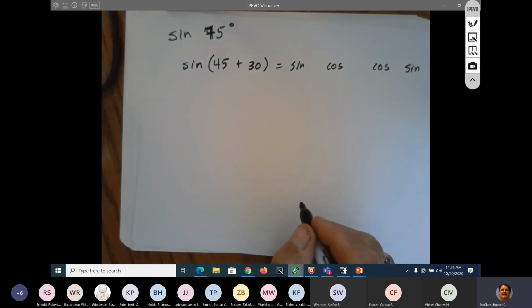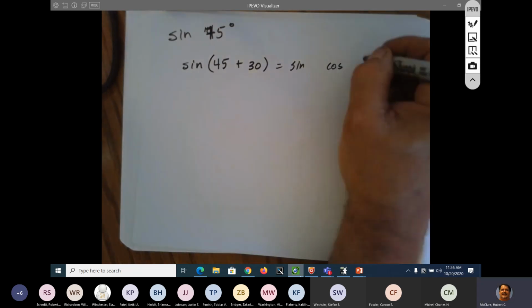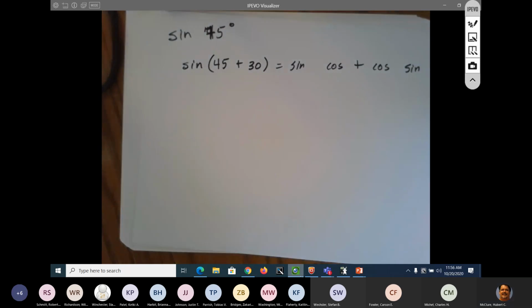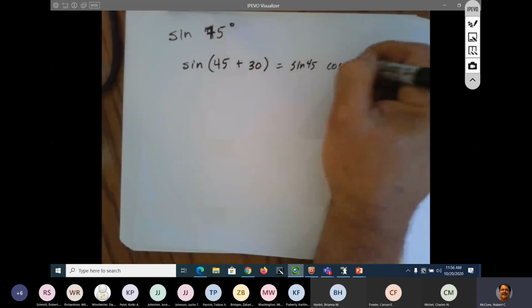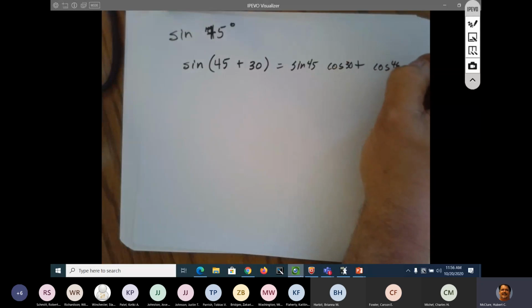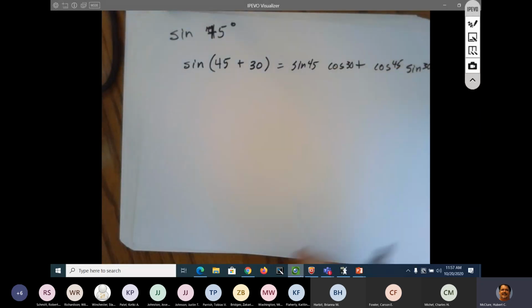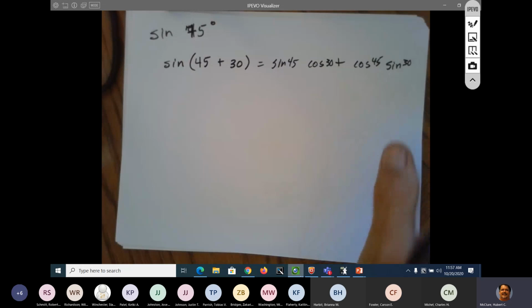And the plus and the minus lines up, so that means that's going to be a plus. And I'm going to put 45 here, 30 here, 45 here, 30 there. That's all there is to it. Now you've got to remember your special angles.